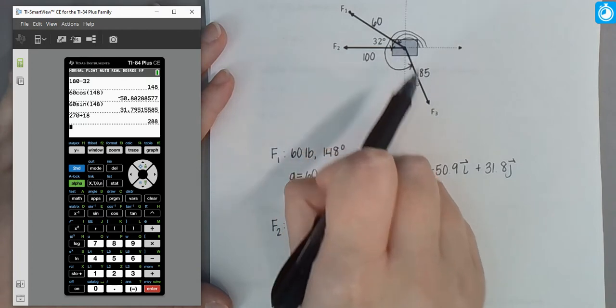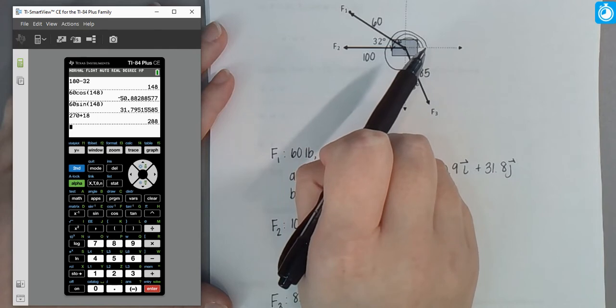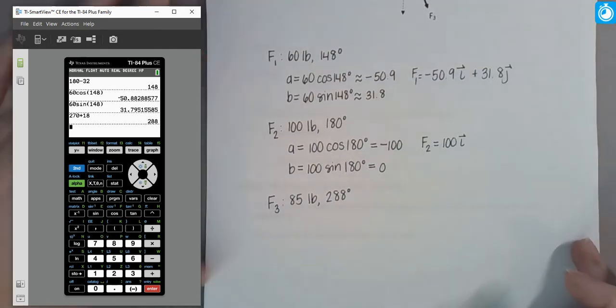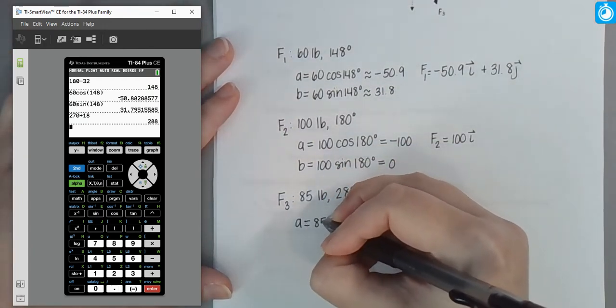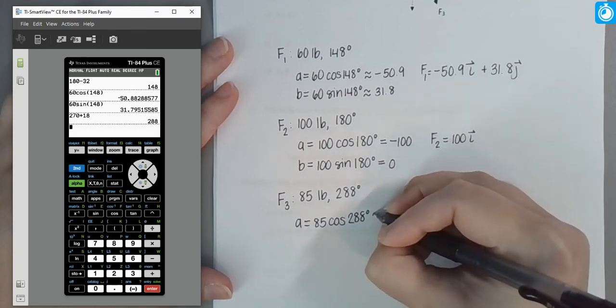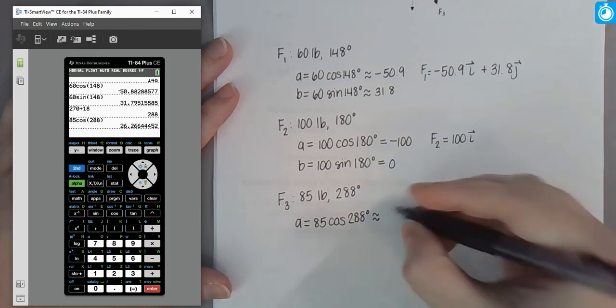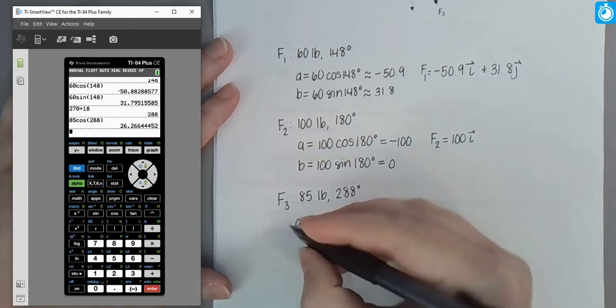Now when we find the components for this one, based on how it's oriented in standard position, the horizontal component should be positive and the vertical component should be negative. Okay, so our horizontal component is going to be 85 times the cosine of 288 degrees. So we want to evaluate that. That's going to be 26.3, which is positive as we expect.